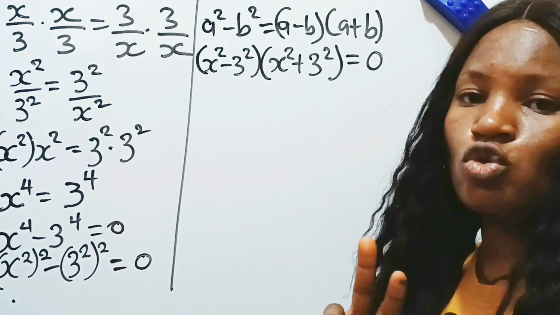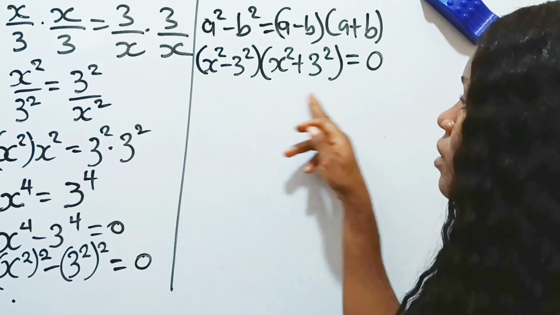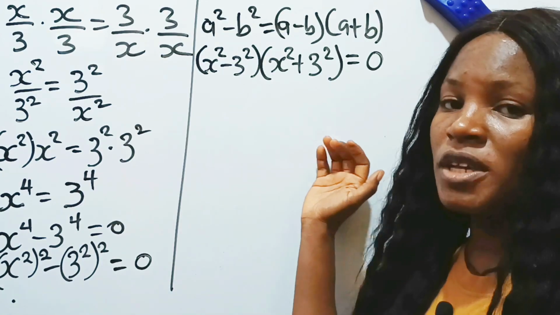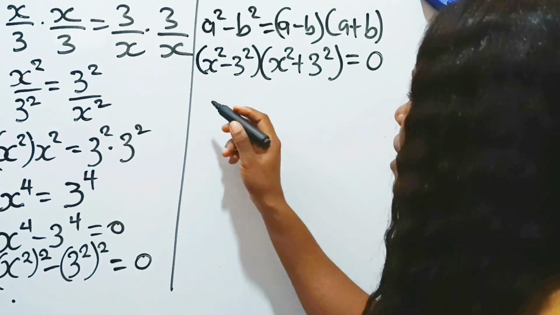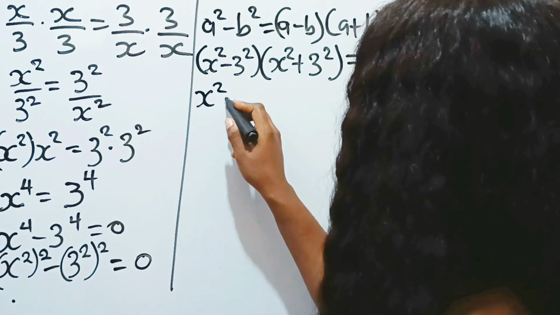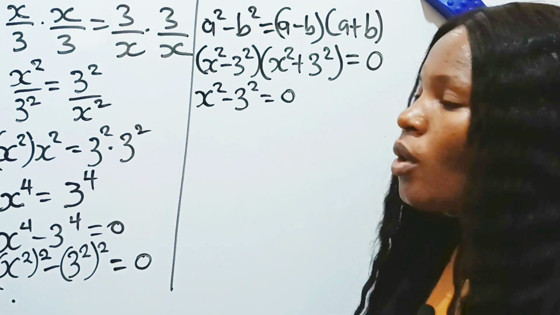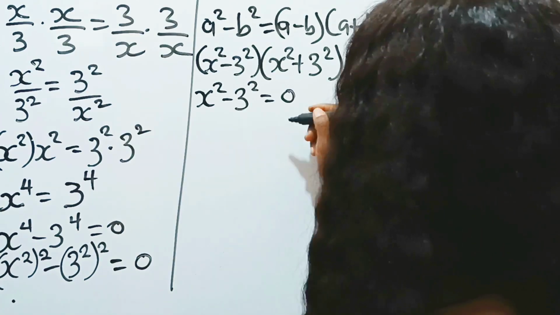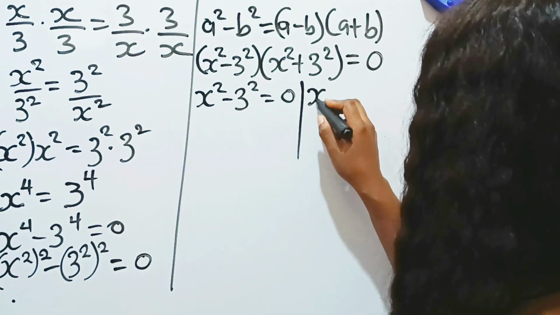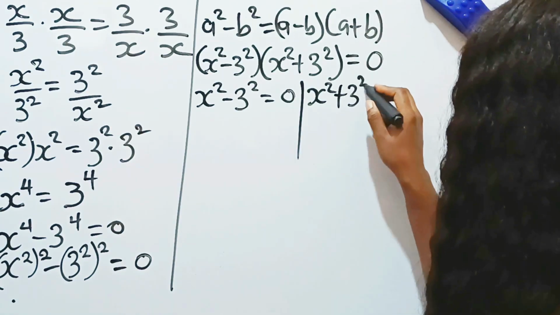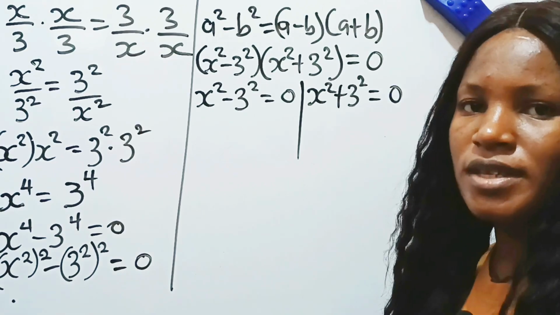Therefore we can form two equations from this particular equation. We can say that x squared minus 3 squared is equal to 0, okay, and we can also say that x squared plus 3 squared is equal to 0.